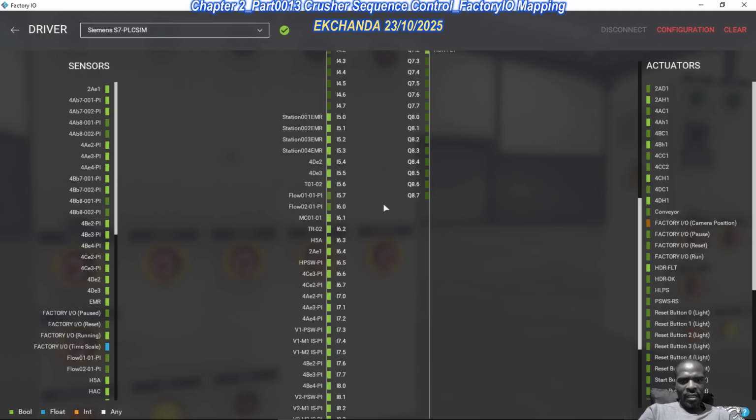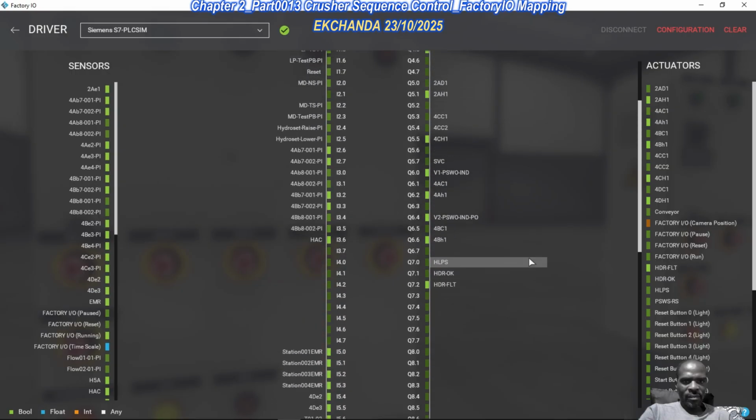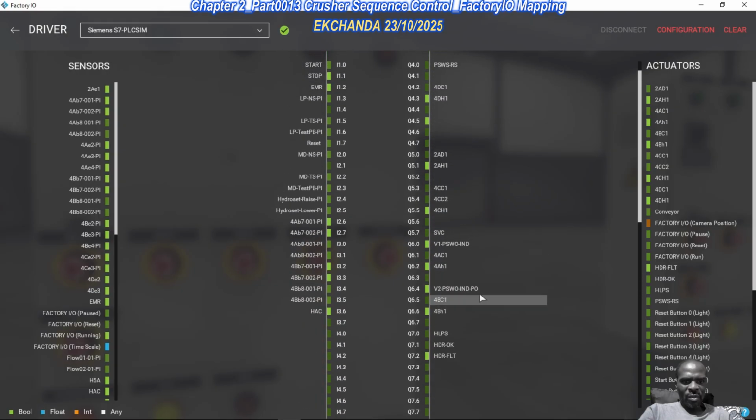And for us to be able to start, the powder switch operation should be false. Vibrator 2 powder switch operated and vibrator 1 powder switch operated are basically true. But if you remember, the powder switches were only operated at a point where the crusher is running, all the material is being crushed, and the material is piled up in the stockpile to such a level that it activates the powder switch.